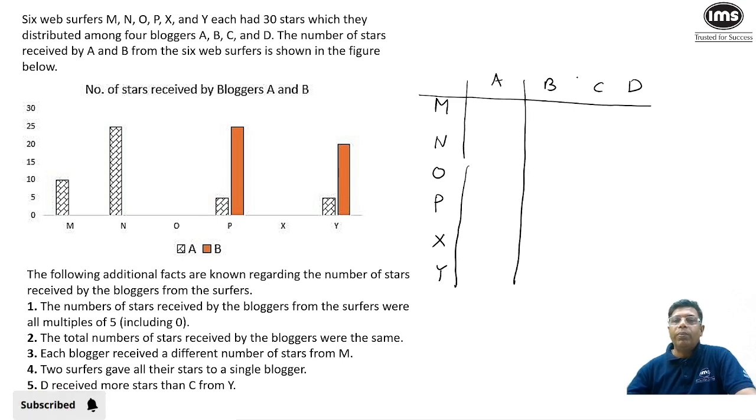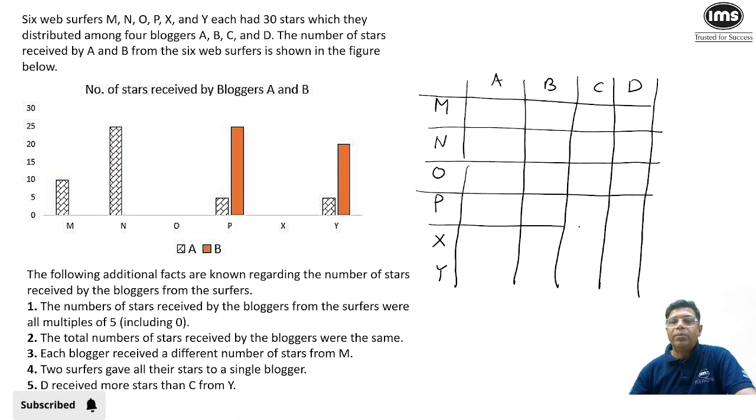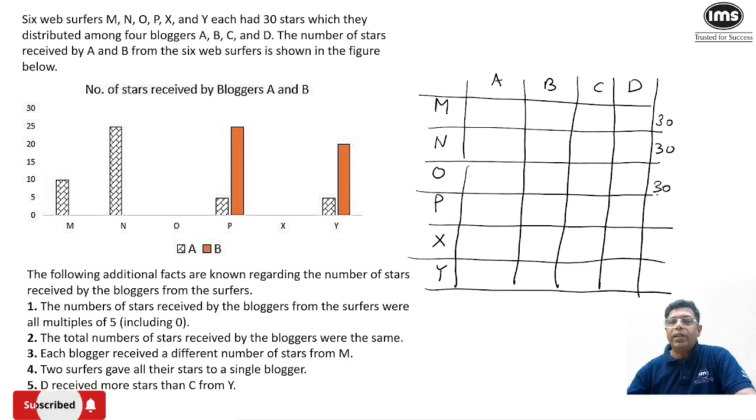And now my job is to figure out which surfer gave how many stars to each blogger. And it is clearly written that every surfer can distribute 30 points. Each surfer can distribute 30 points. So I think 30, 30, 30, 30, 30, and 30.